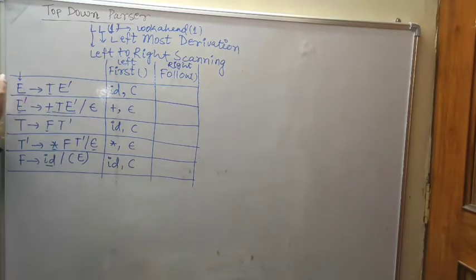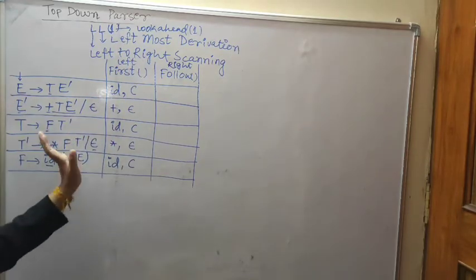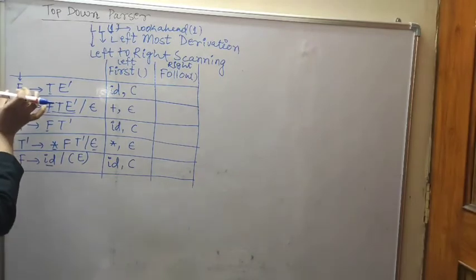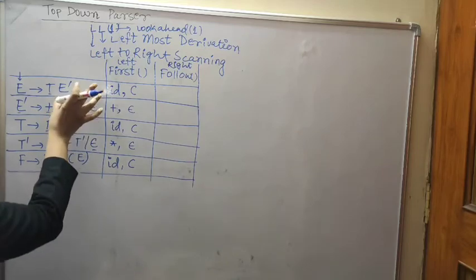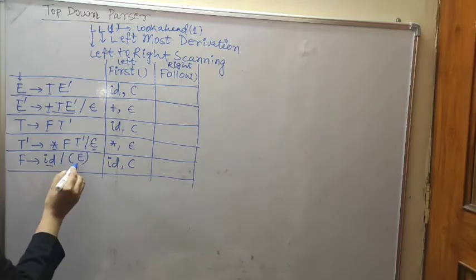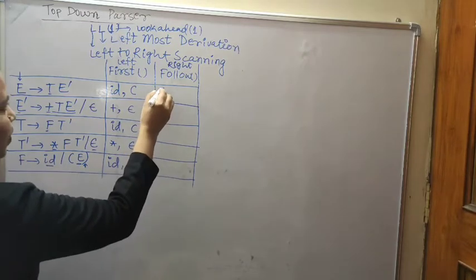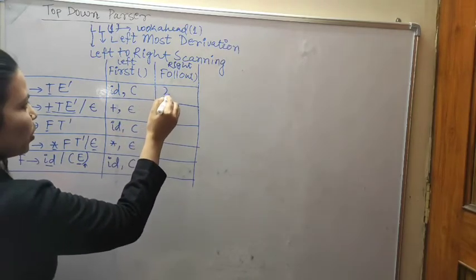We have seen that first is checked on the left side, where that non-terminal variable is. Follow we check on the right side, where that non-terminal variable has been written. Suppose we are finding follow of E, we check in the right side where E has been given. Look here, E is given, so E's next letter is what? Close braces. The next letter is close braces and it is a terminal. So that is why we will write it here.